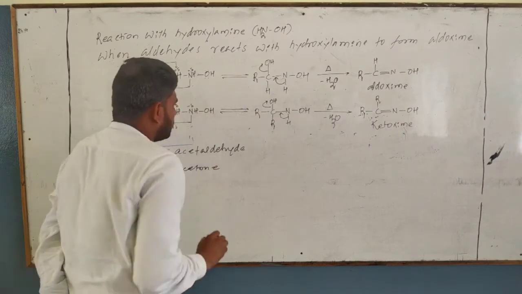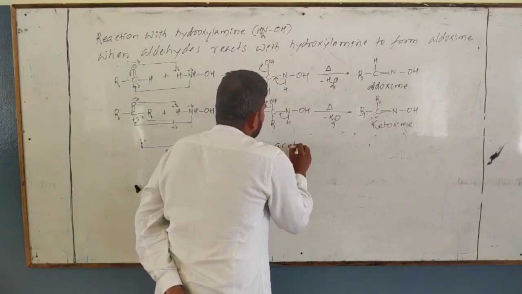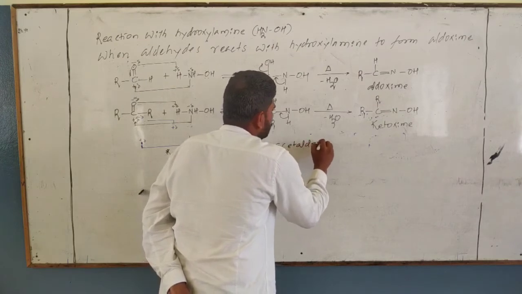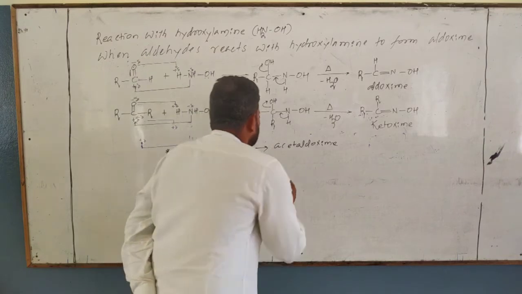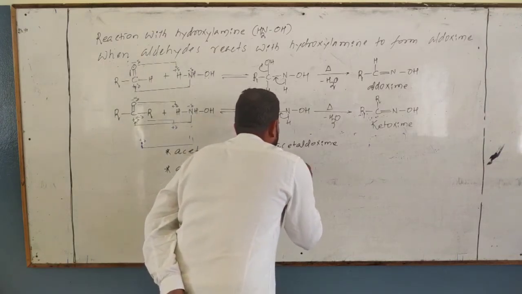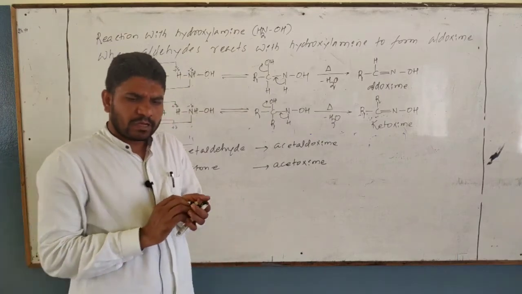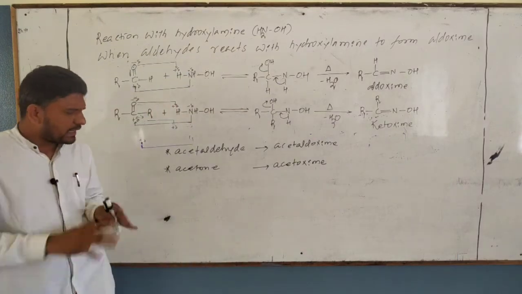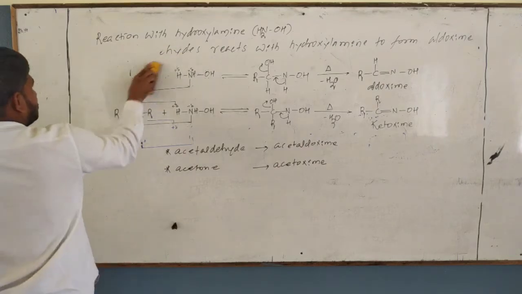When you take acetaldehyde, it forms acetaldoxime. What is the product? Acetaldoxime. When you take acetone, what is the product? Acetoxime. Understood? Okay. You need to practice these two reactions. Next one.